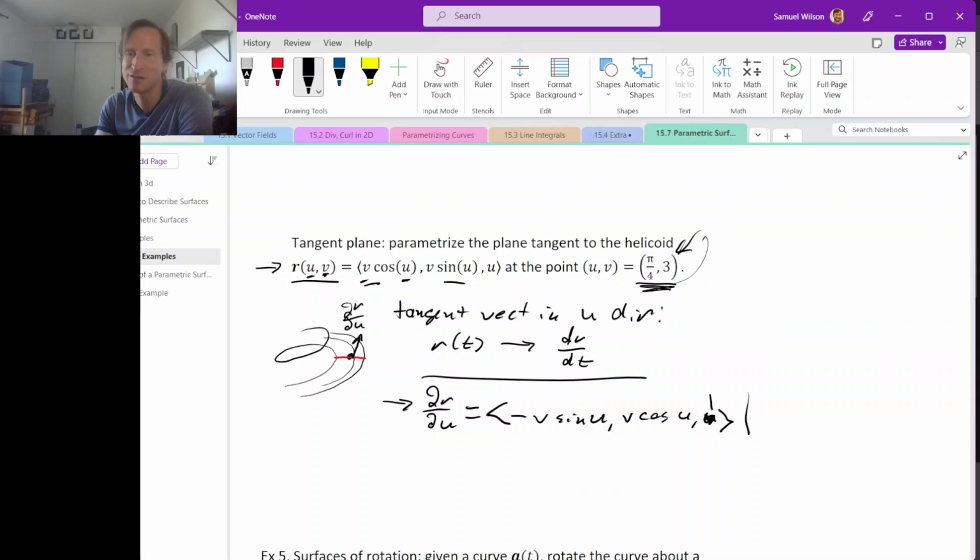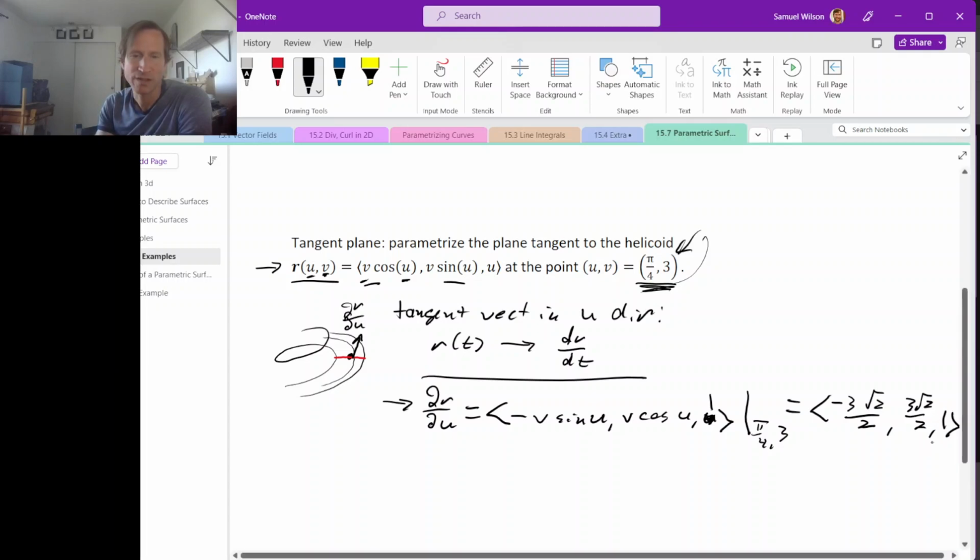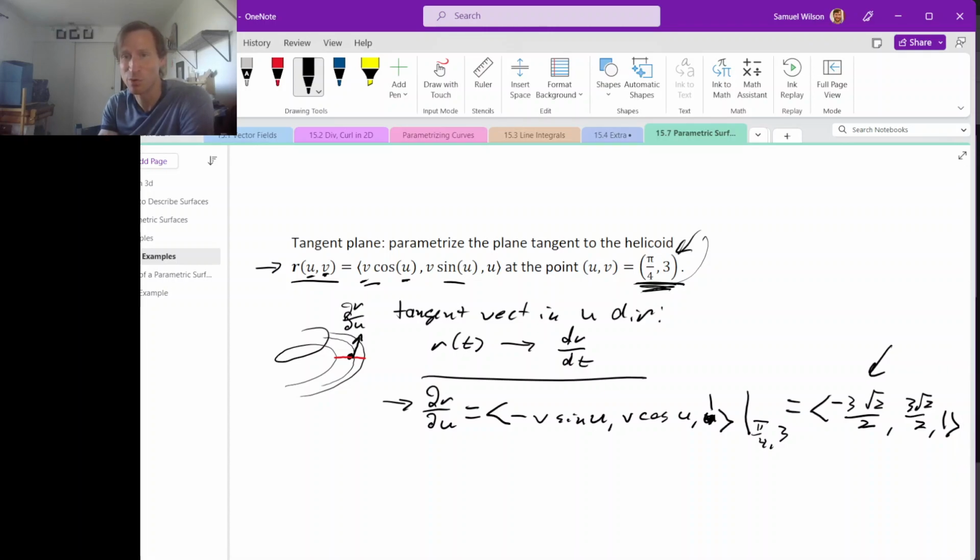So we should evaluate this at pi over 4, comma 3. Okay, so sine of pi over 4 is root 2 over 2, so minus, so v is 3, and then sine of, so root 2 over 2. There we go. I got there eventually. For cosine, we get 3 root 2 over 2, and then 1. Okay, so this is the vector pointing in the u direction at this point.